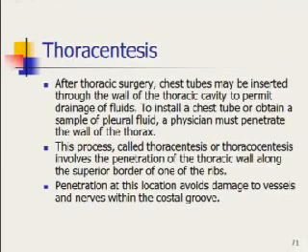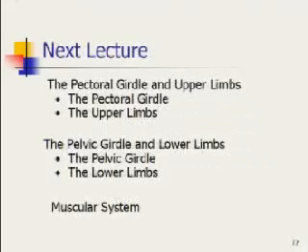Penetration at this location avoids damage to vessels and nerves. When I say that, the inferior aspect of the rib is where the blood vessels and the nerves run. That's the costal groove. So the needle should be inserted directly above the rib, which will allow the avoidance of damaging blood vessels and nerves.